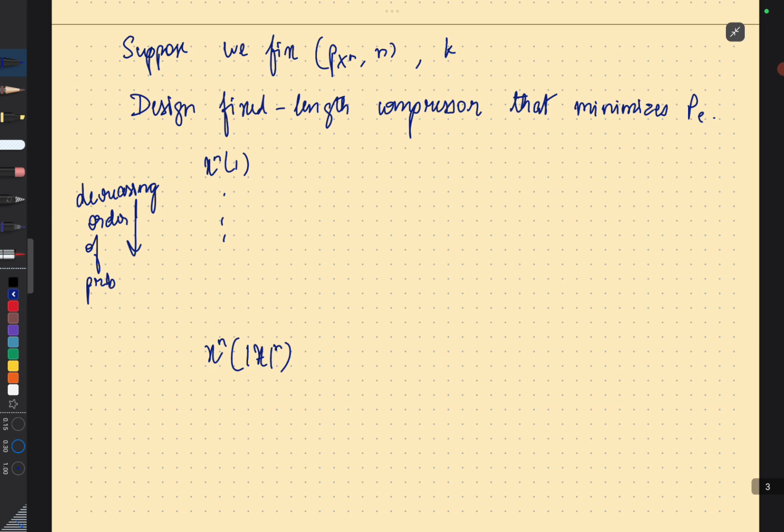Right. Since my code word or the compressed sequence has length k, I can only represent this using k bits. I can have 2 to the k possible code words, right? No more than that. And only those code words.